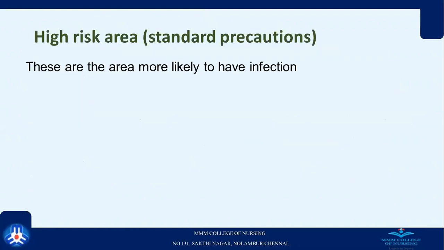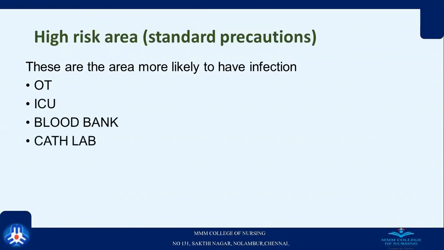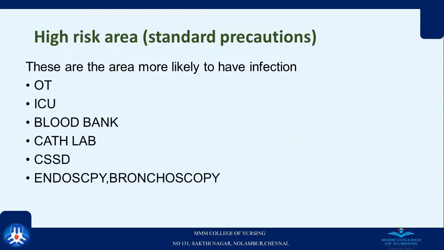Okay, so we have seen all the elements in detail. So what are some of the risk areas which are considered? Almost all patients are supposed to be treated with standard precautions, but what are some of the high risk areas where we need to keep watch? These are the OT, ICUs, that is the intensive care unit, the blood bank, the cath lab, the CSSD, the endoscopy and bronchoscopy.